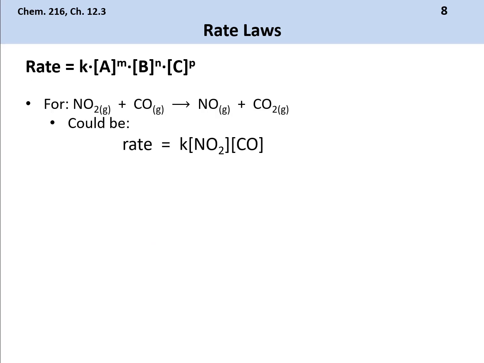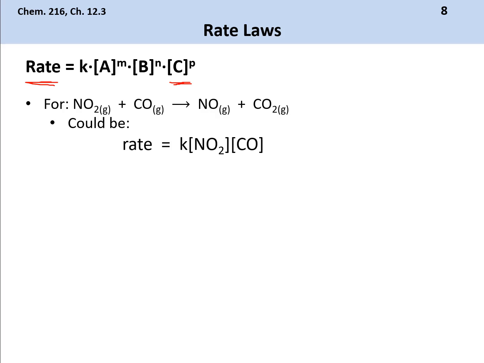All right, now let's look at another reaction: NO2 plus CO goes to NO and CO2. By the way, here's another example of a rate law. It could even have a third reactant. The ones we usually deal with have 2 reactants, but we could have 3.